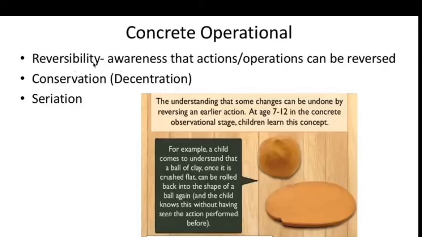Now, prior to this, if the child has not reached the concrete operational stage yet, hindi pa alam ng bata kung paano mag-subtract. Hindi alam ng bata na, yung subtraction pala is the opposite of addition. So, hindi niya alam na if you have a clay, for example, and when you roll it into a ball, hindi niya alam na pwede mo pa siyang ibalik into a flat clay. Okay, so the child is not really aware of all these things yet.